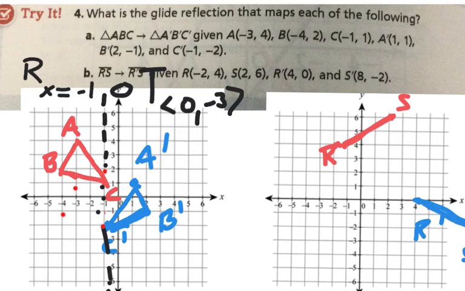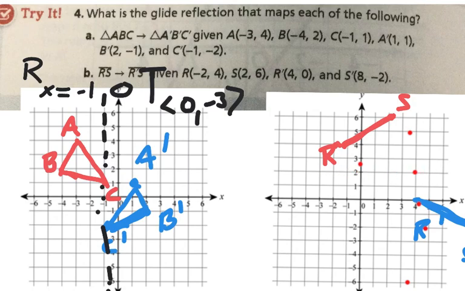So let's see, how is it reflected? Well, because R is still on the left side, I know I don't need to reflect it across a vertical line. Because if I reflect it across a vertical line, then that will move R farther away. So I'm going to have to reflect it over a horizontal line this way. So I'm finding the middle of R and R prime. So that would be at 2.